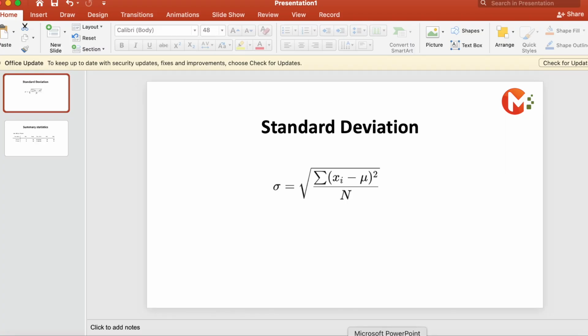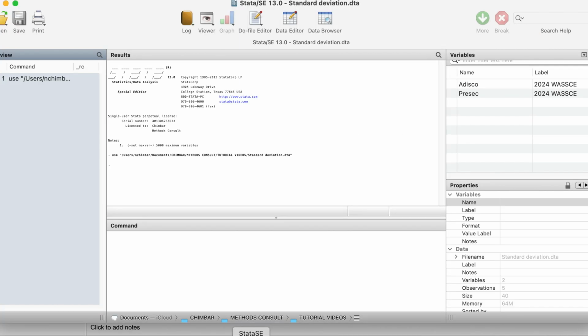Now, to interpret standard deviation, we would use the data set that we already have in our Stata file. So we have the scores of WASI examination for ADISCO and PRESEC. I will just browse so that you can see how the scores are displayed.